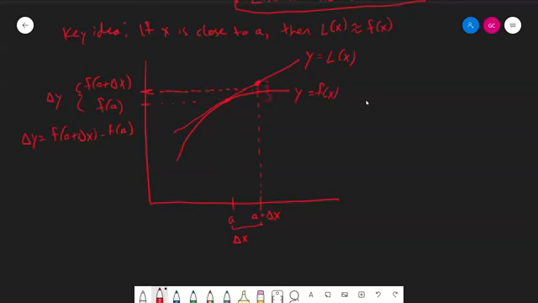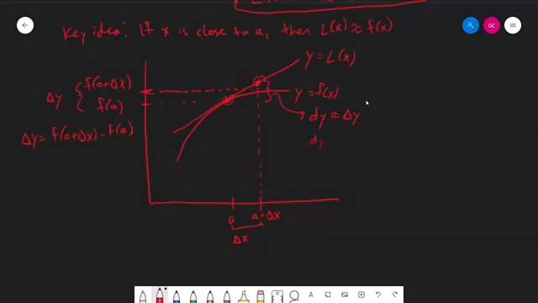So this distance here, between this point up here and this point down there, we're going to call that distance dy. It's not really the change in y, but it's close to the change in y. And actually, we know how to find what that distance is.